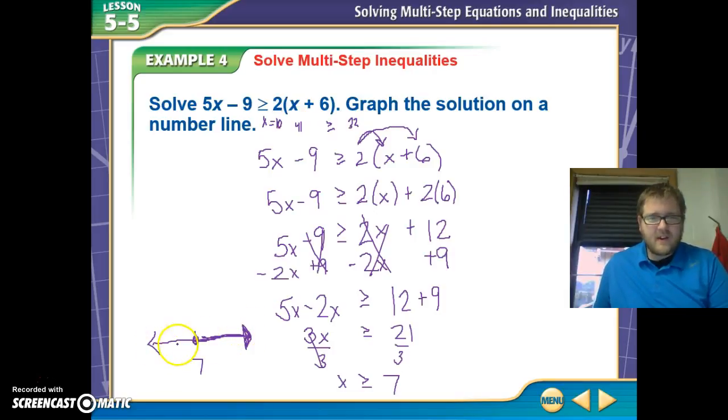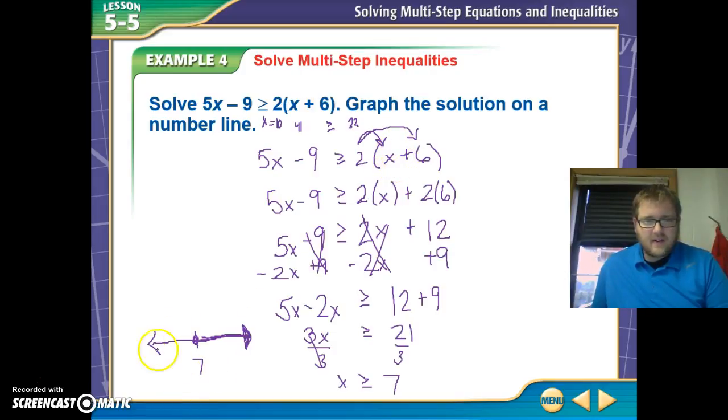But if I tried something lower than 7, like 0, it's not going to work, because I get 0 minus 9, or negative 9, on this side. I get 0 plus 6 times 2. It's saying negative 9 is greater than or equal to 2 times 6, which is 12, which is not true because 12 is a positive number.